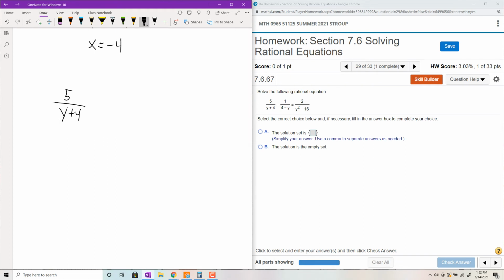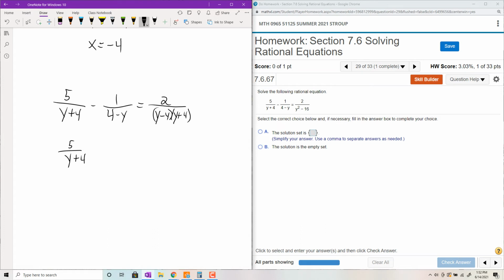y plus 4 minus 1 all over 4 minus y equals 2 all over y squared minus 16, which is really y minus 4 times y plus 4, right? Okay. The second denominator is one of those opposite scenarios. So what I'm going to do first is just rewrite it.